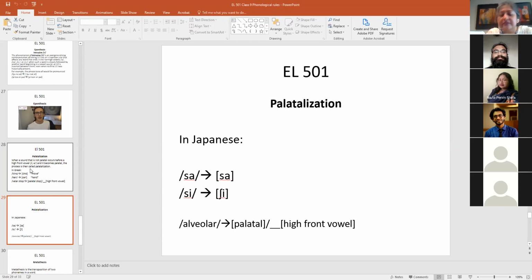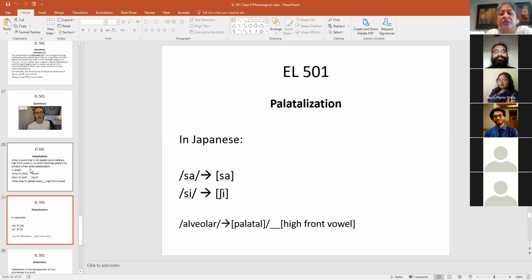In Japanese, you have the sa sound. If it occurs before an a sound, it remains sa. It is pronounced as sa. But if it occurs before a high front vowel, it becomes sh.